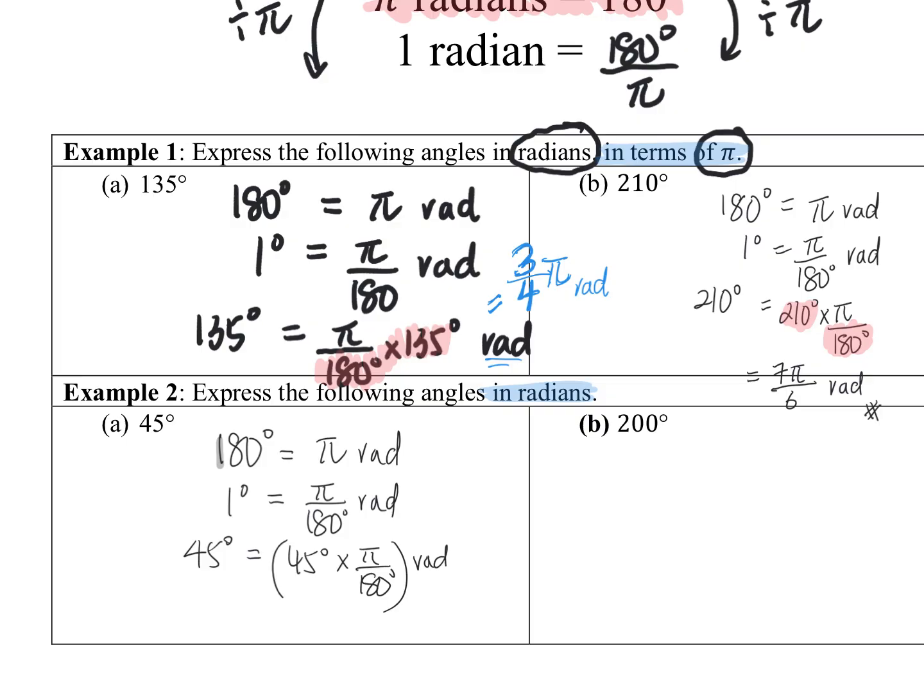Then your final answer leave to 3SF. So degree we leave to 1 dp, but radians we leave to 3SF. Okay, take note of the difference. 1.78, 0.785.